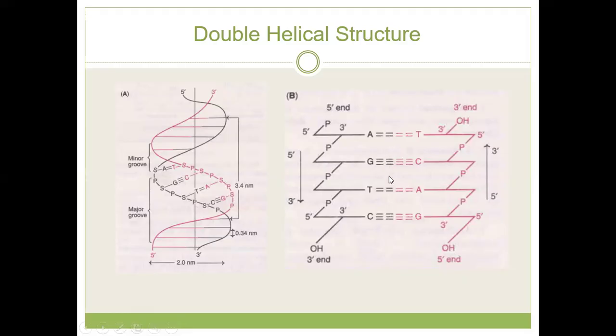This is simply due to the fact that these nitrogenous bases are hydrophobic in nature. So they tend to be inside and interact with each other. While the ribose sugar and the phosphate group are polar in nature, that is why they are positioned outside.